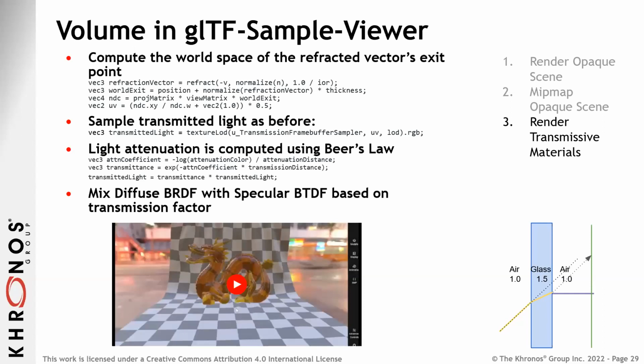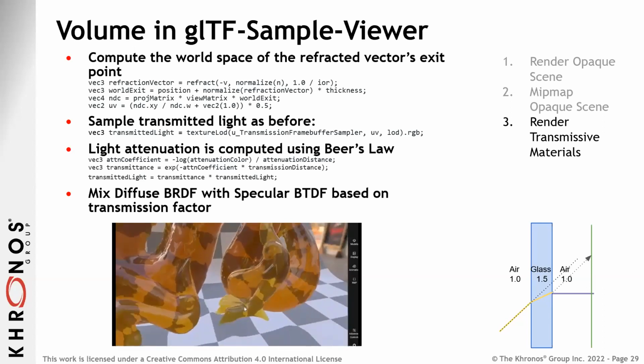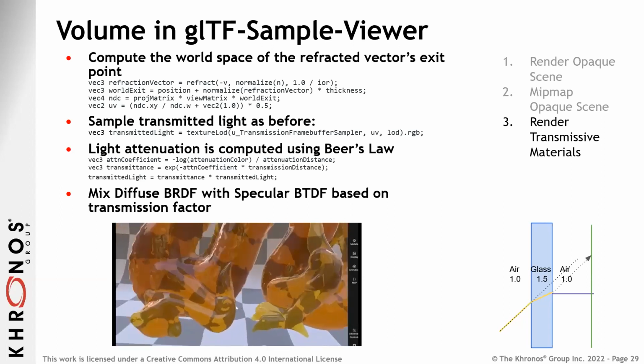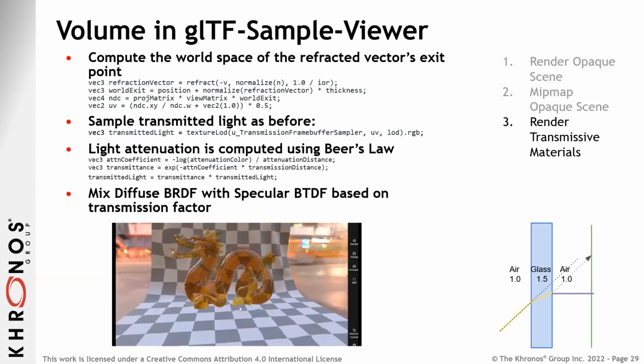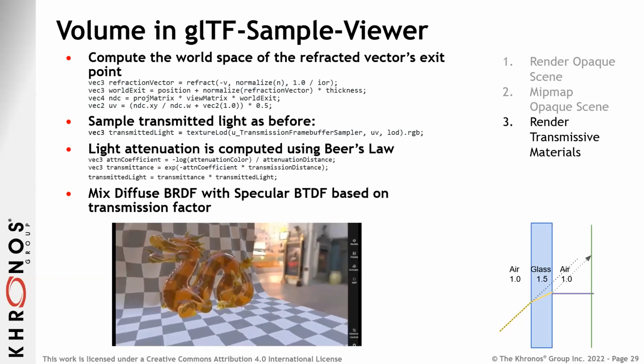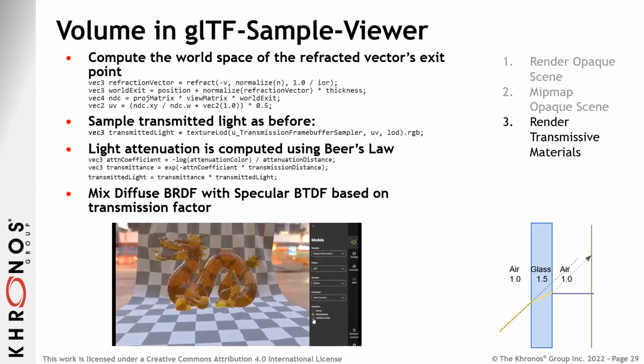So when we have our refracted vector, we can scale it based on our thickness to find out where we're exiting the volume, and then back that out into a UV coordinate. Once we have our new refracted UV, we sample into the off-screen scene, and that is the same as we did before, just with a different UV.